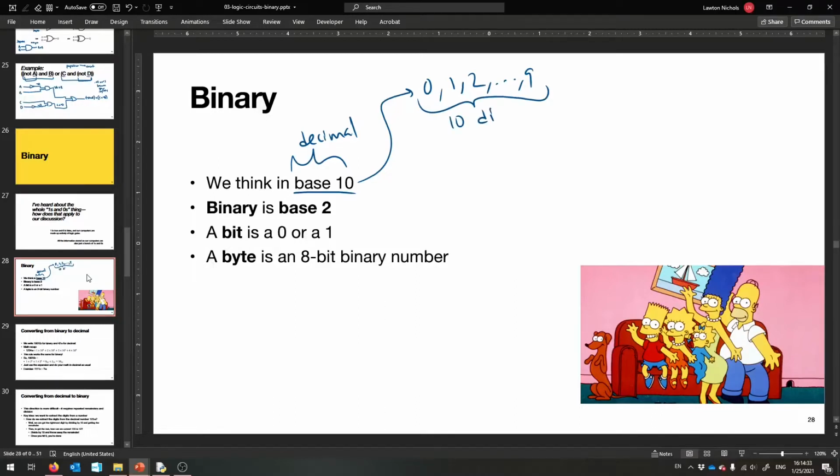That's where we get the 10 and base 10 from. Okay, so we think that we came up with the base 10 number system because we have 10 fingers on both of our hands. So we got that times 2, right? So maybe in the Simpsons world, they would be counting in base 8 for that reason.